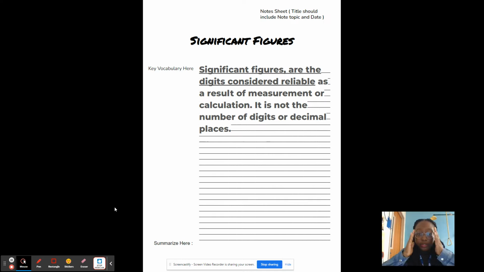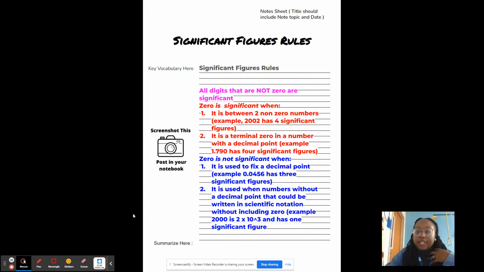All right. So again, significant figures are the digits considered reliable as a result of measurement or calculation. It allows us to know how accurate our measurement is based on the specific tool we're using. During our lab, you will have the graduated cylinder, but you will also be using a ruler to measure the actual volume of the liquid inside of your graduated cylinder.